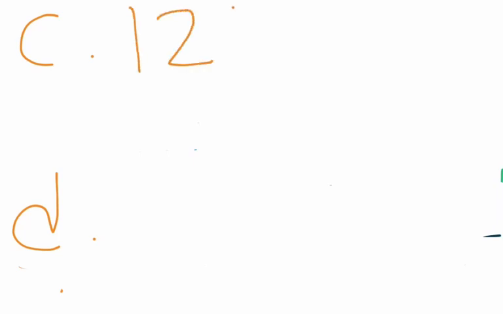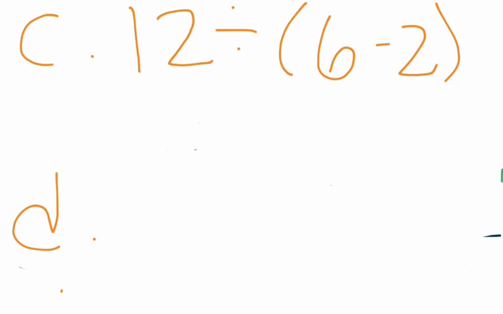12 divided by, parentheses, 6 minus 2. Now let's review really quick. With parentheses, you always have to do what's in them first and then take whatever you have from the parentheses and do whatever operation is next.